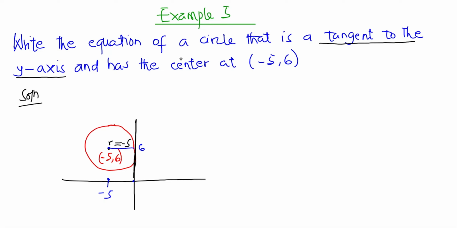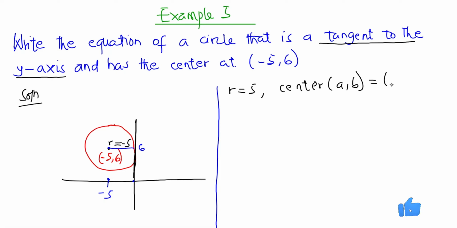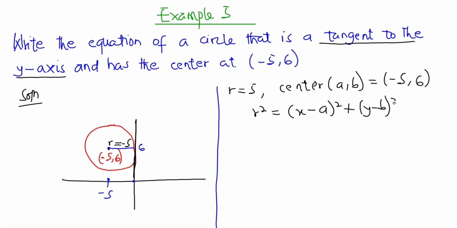Now we can go ahead and find the equation of the circle. We have our radius here to be 5, and we know the center, that is a, b, to be the same thing as -5, 6. Now by writing the equation of a circle's formula, that is (x minus a) squared plus (y minus b) squared equals r squared, our r is now 5.